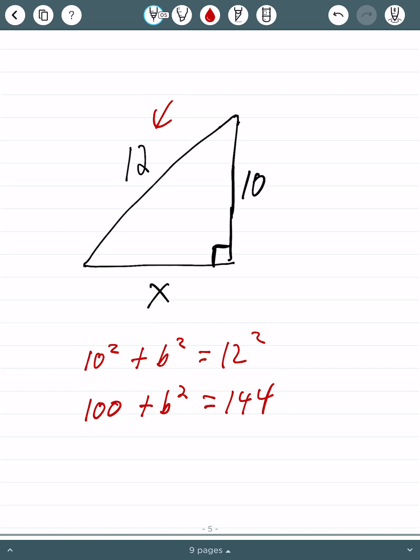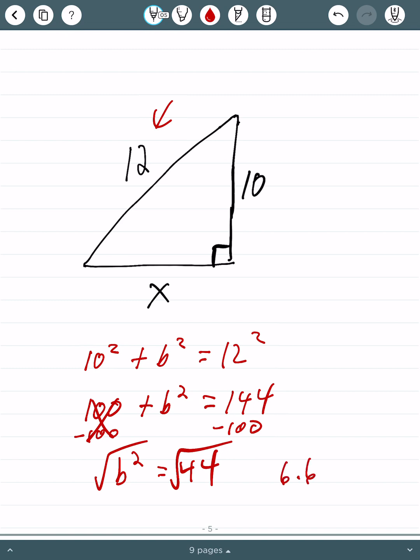So I'm going to do the opposite on both sides. B squared equals 44. We have to do the square root of both of those. It's probably going to be around 6.5. Let's see, 44 square root says 6.63. So that side is 6.63.